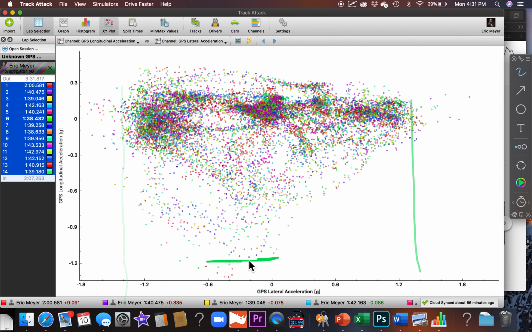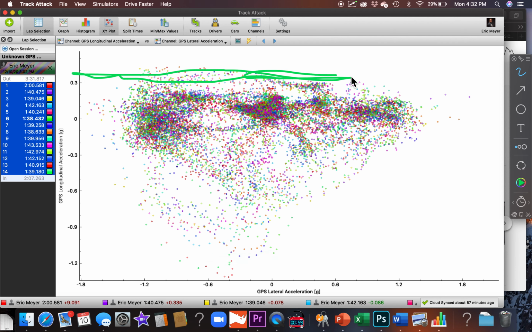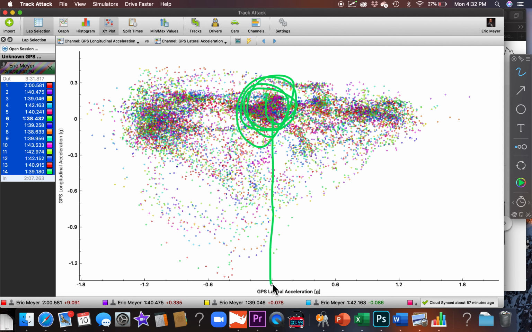Down here, about 1.2 in braking. Right up here, about positive 0.3 above the 0 line and accelerating. So how you read this is, here's the car in the straightaway. Car goes to brake. Over here is when it's fully loaded in the corner, in the apex.